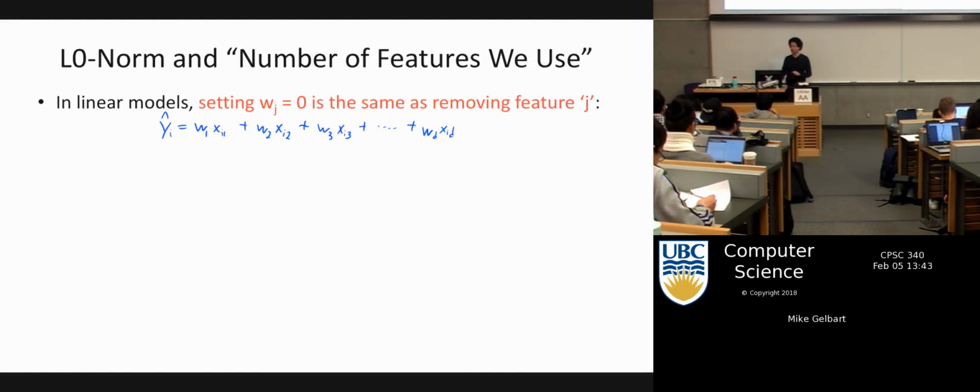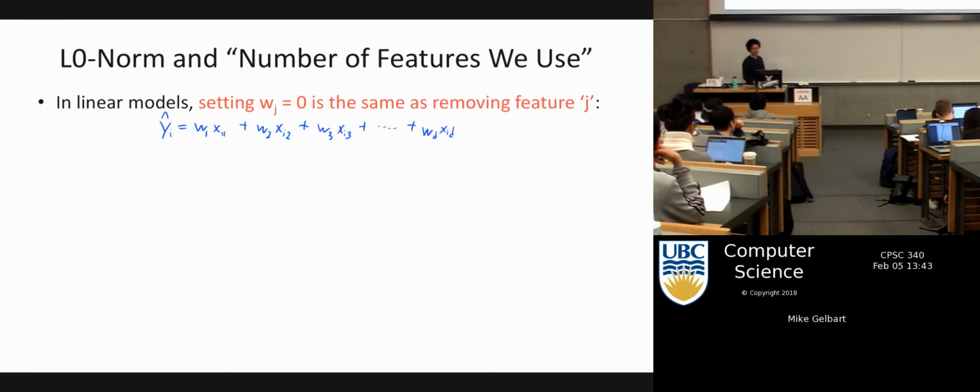So because we're talking about linear models right now specifically, if I say set this W to 0, set W10 to 0, that's the same as saying remove feature 10. And again, this is specific to linear models. But with linear models, we just have that particular W multiplied by that feature, plus the next W multiplied by the next feature.